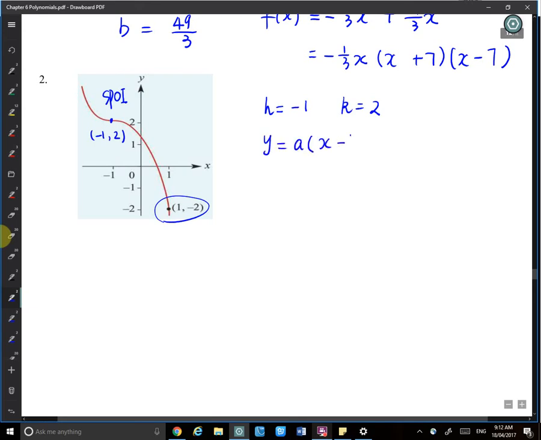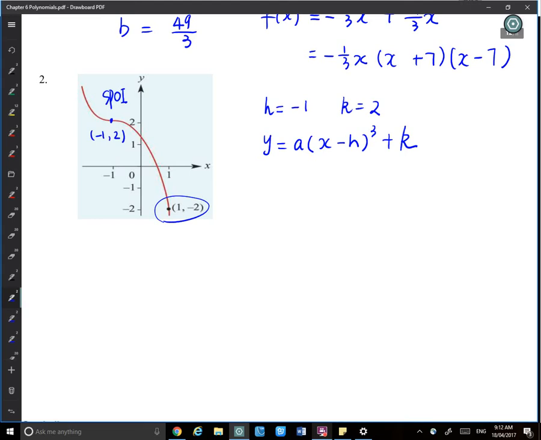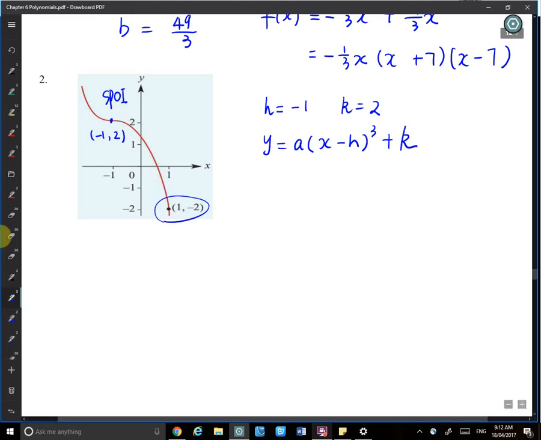It's a times (x minus h) cubed plus k, because only this type of formula can give you this shape. The fully factorized form will not give you this shape. So h equals -1 and k is 2. Therefore, I can write y equals, and do not assume a is 1, a may not be 1, so x minus -1 will be x plus 1, cubed, plus 2.